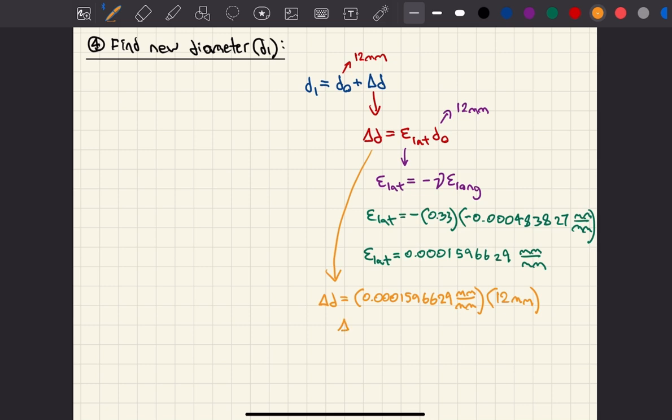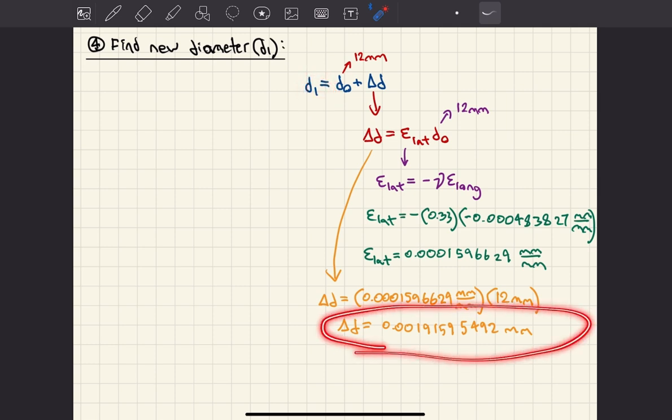Once you do this calculation, you're going to get that your change in diameter is equal to 0.001915959492 millimeters.